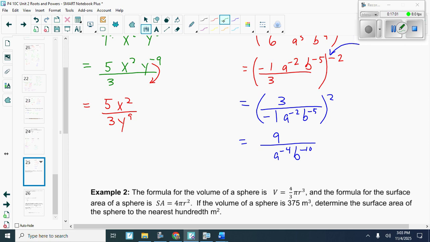Because of my negatives, the a is going to pop up and the b is going to pop up, because we're writing the reciprocals. Jot a couple examples down. So we end up with 9 a to the power of 4, b to the power of 10 in the positive.